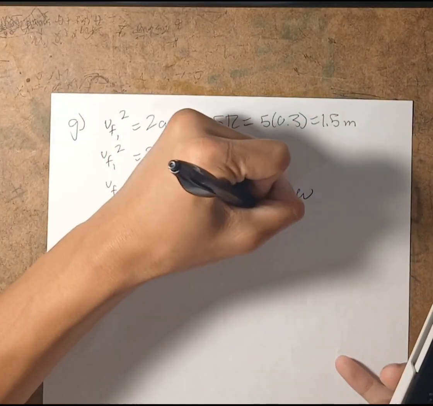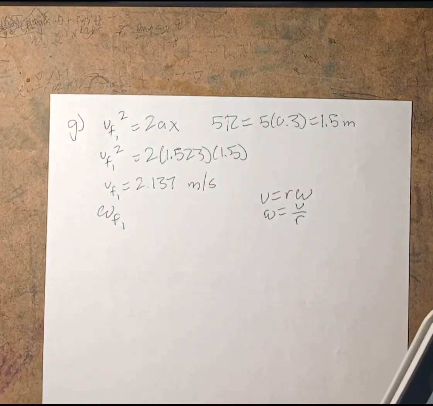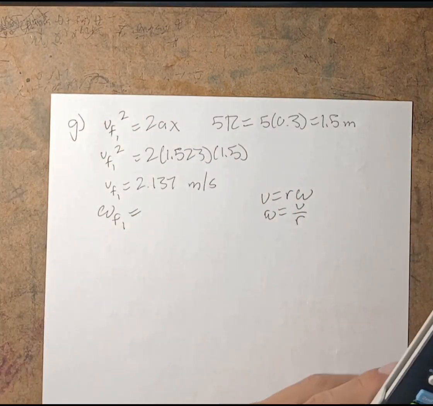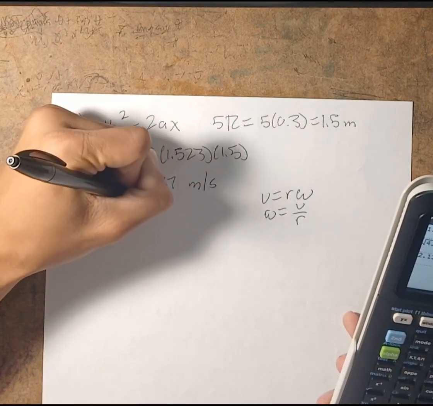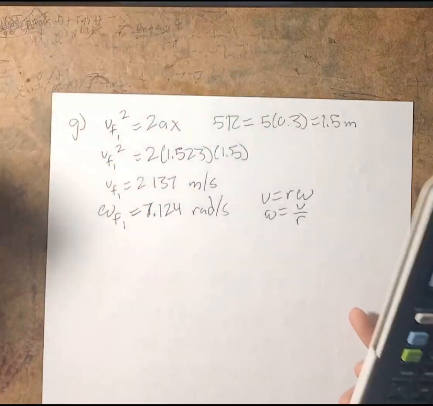And what we can do from here is find omega F1 by using this relationship, V equals R omega, and so omega equals V over R. So just divide this by R, which is 0.3, for block 1, 7.124 rads per second.